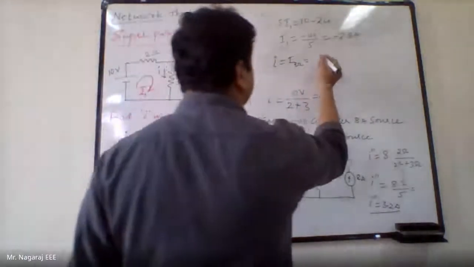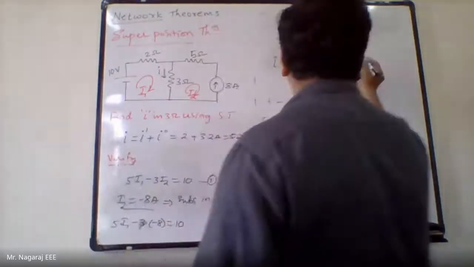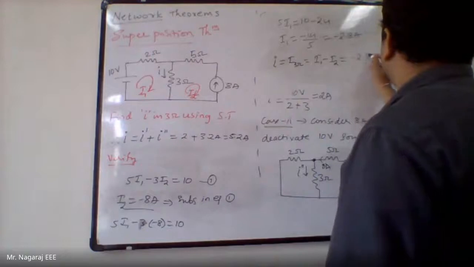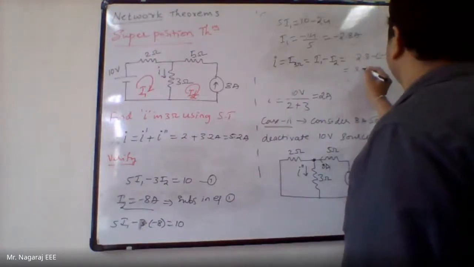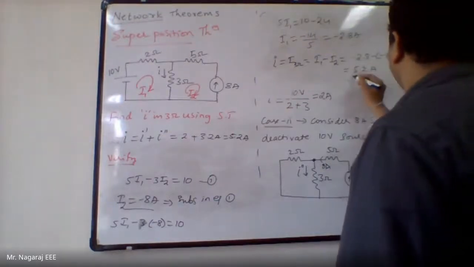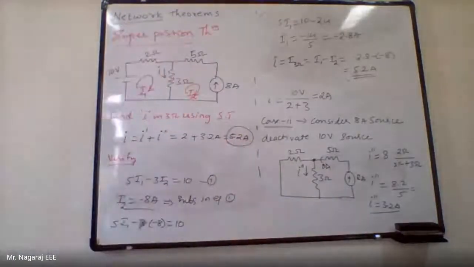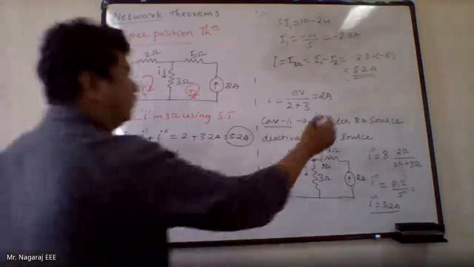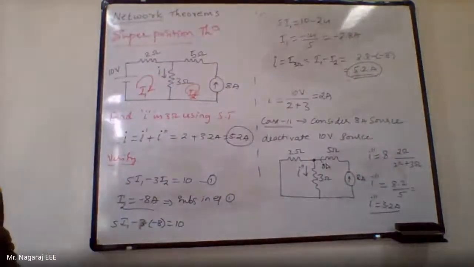So I 3 ohm is equal to I1 minus I2, which is minus 2.8 minus of minus 8. This comes out to be 5.2 amperes. I got 5.2 amperes using the superposition principle, and I got 5.2 amperes using my fundamental mesh analysis.